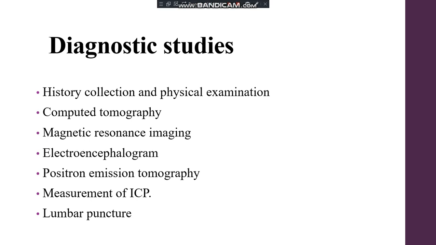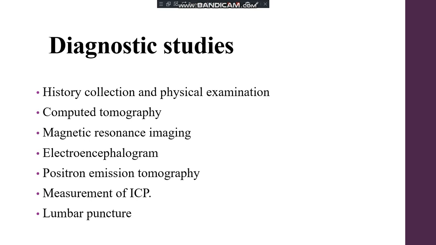Previously, I have already said that in case of brain as well as spinal cord, the best imaging test is MRI. MRI is one of the advanced forms, and it gives completely reliable results in case of brain as well as spinal cord.